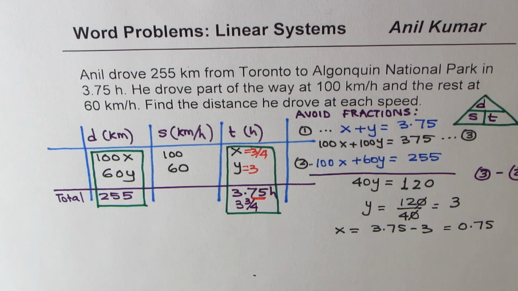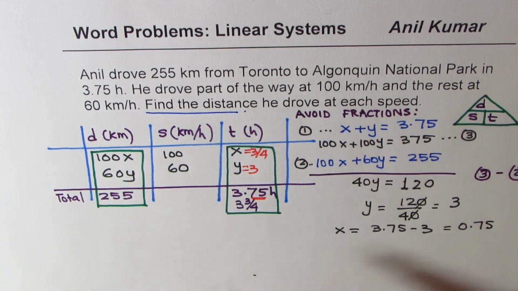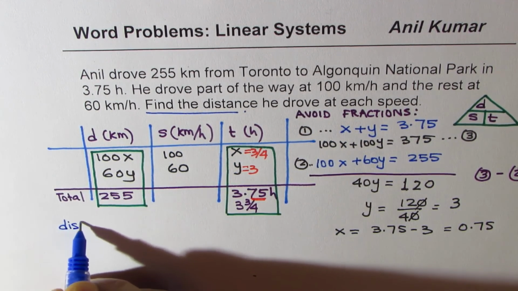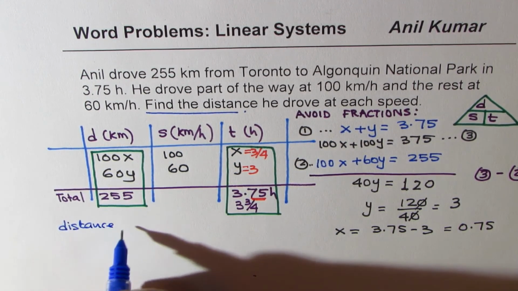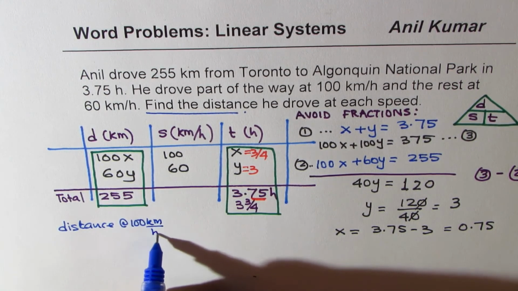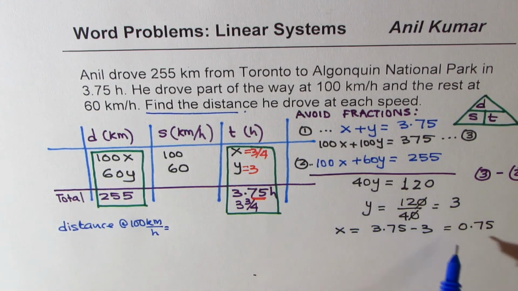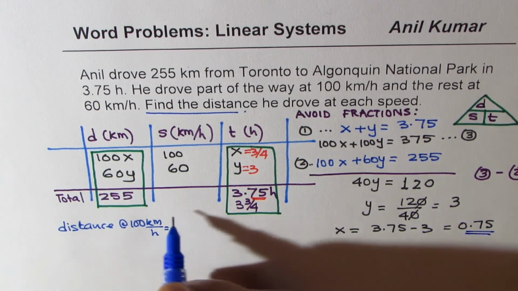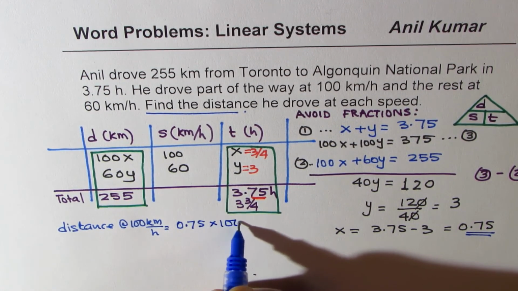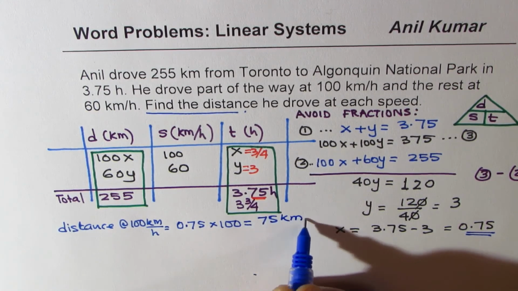Do you get it? So now, since we want to find the distances at each speed, so distance at 100 kilometers per hour is how much? x times 100, which is 0.75 times 100 or 75 kilometers, right?